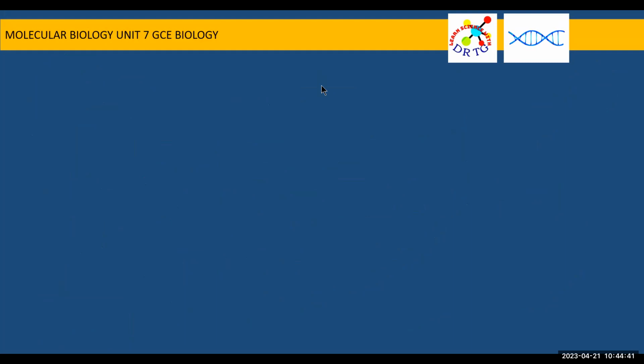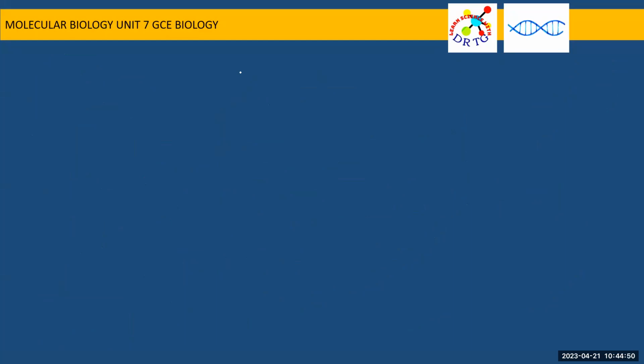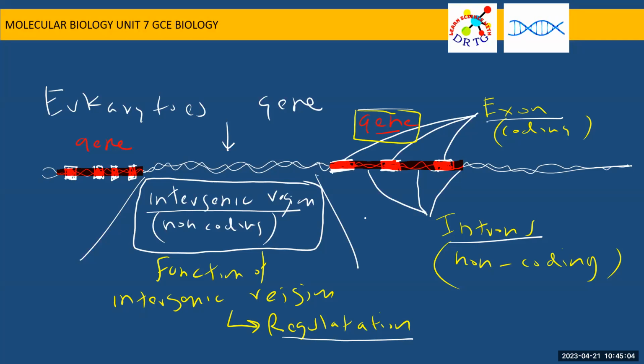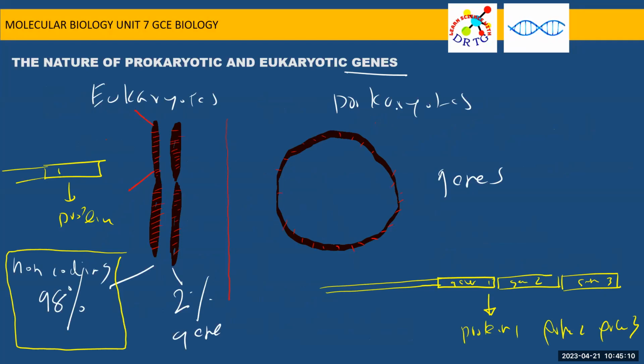Okay, next thing: prokaryotes have a very special method of copying genes. Prokaryotes have genes, and as I told you, non-coding regions like intergenic regions are not very prominent in prokaryotes.